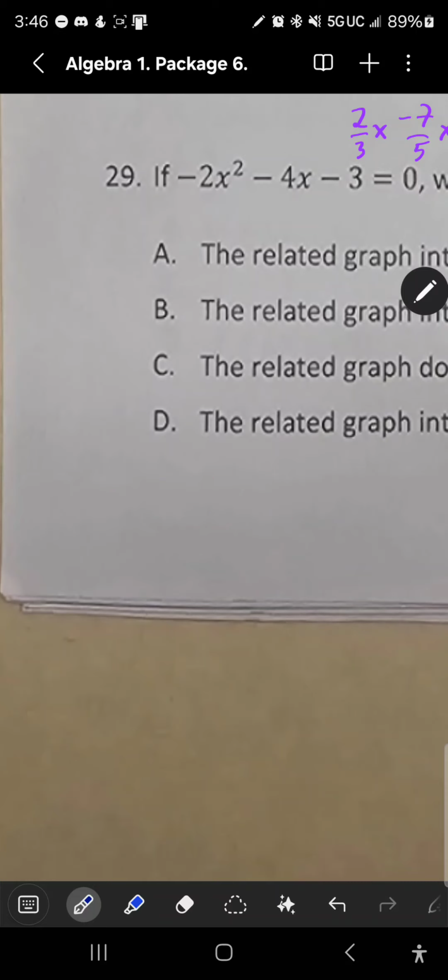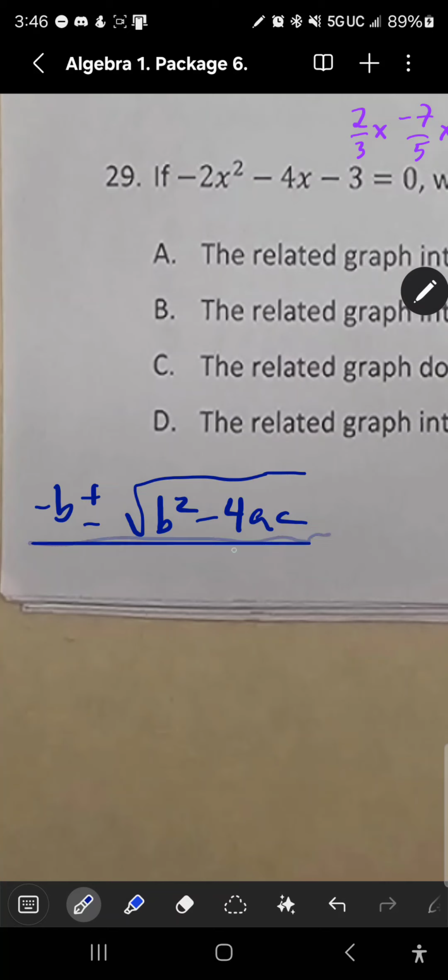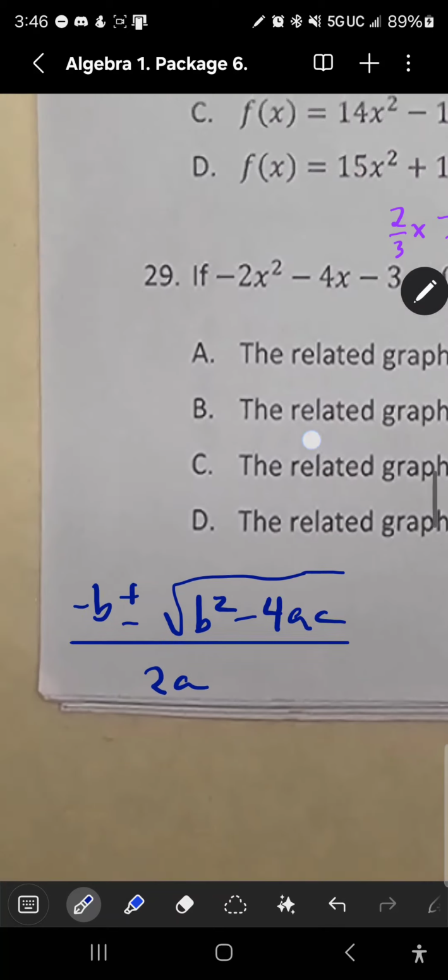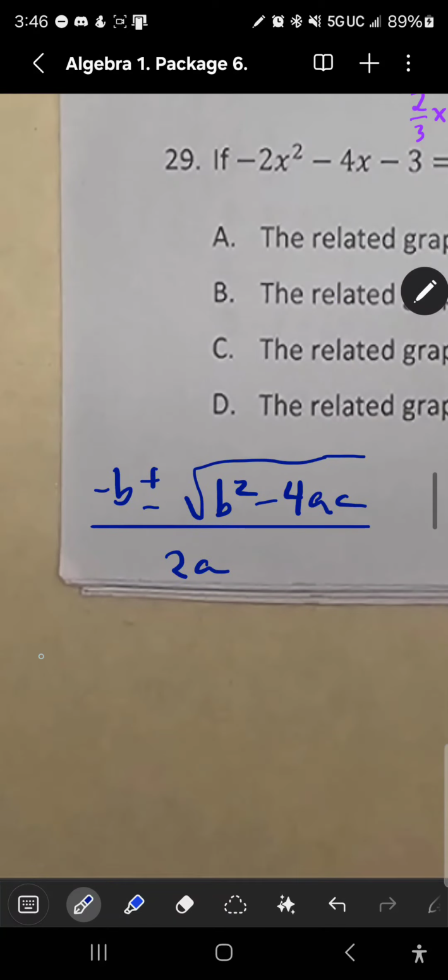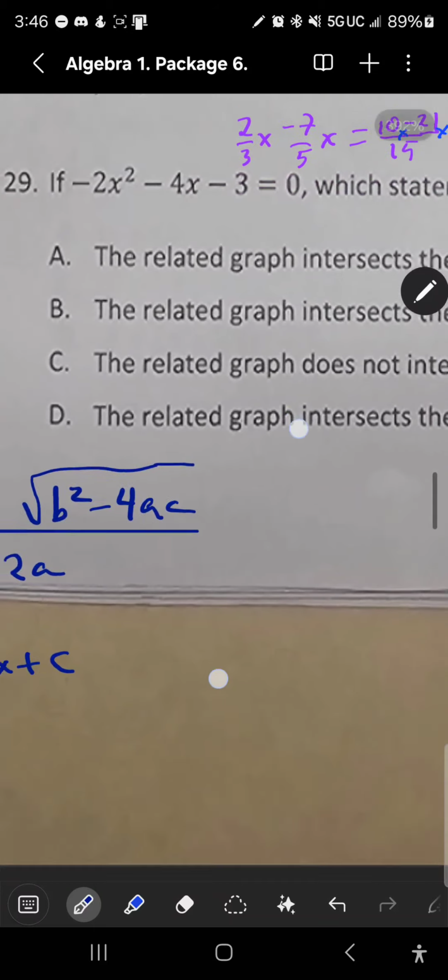So basically, I'm going to use the quadratic formula. If we cannot factor, we just go and use the quadratic formula. Remember, x equals negative b plus minus square root of b squared minus 4ac, all of this over 2a. This comes from ax squared plus bx plus c.